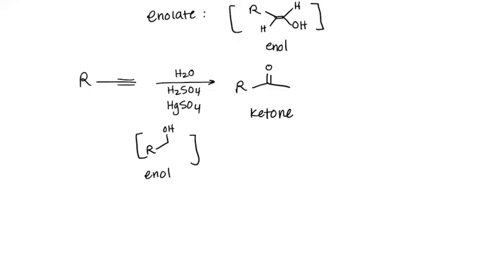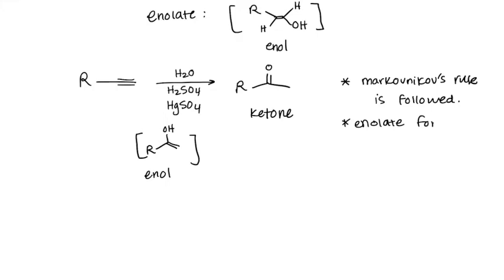So you have the OH and then the double bond here. And in this case, this reaction follows Markovnikov's rule. So that rule is followed, and then the enol forms first.